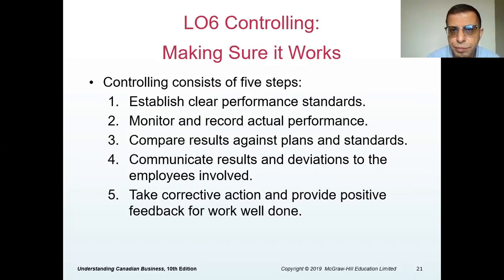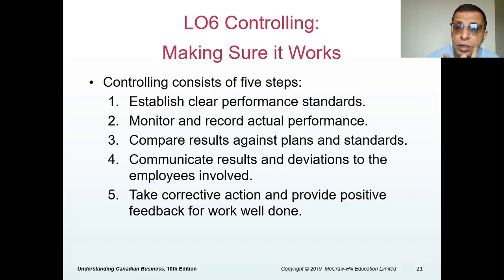Controlling, making sure the work is going fine. So we said a line manager's job is controlling, and controlling may be made up of 5 stages. First, you need to establish a clear performance standard, KPI, key performance indicators.